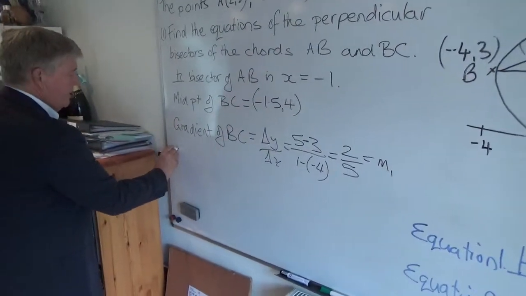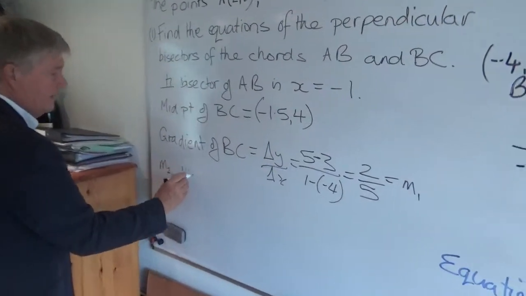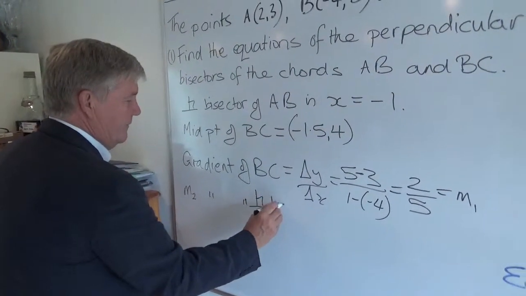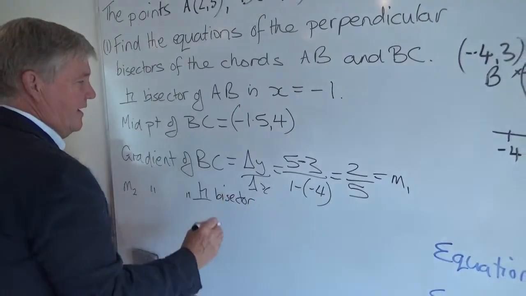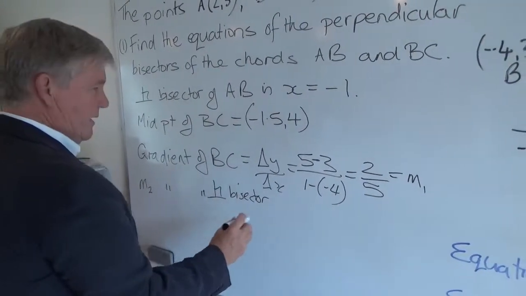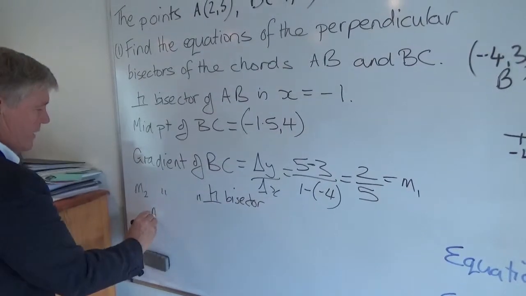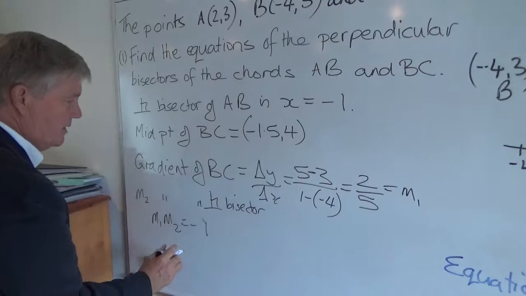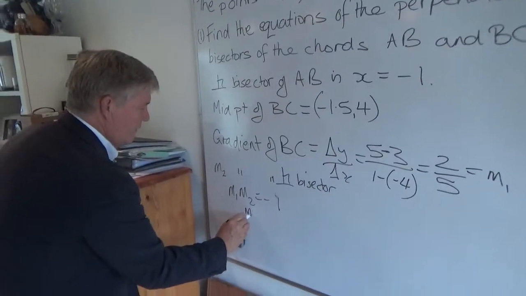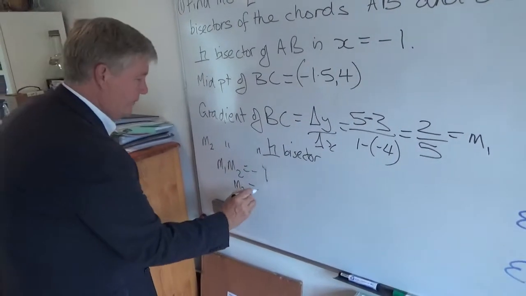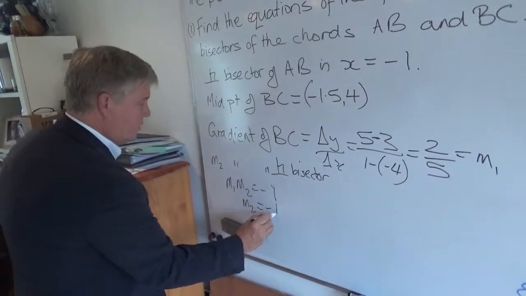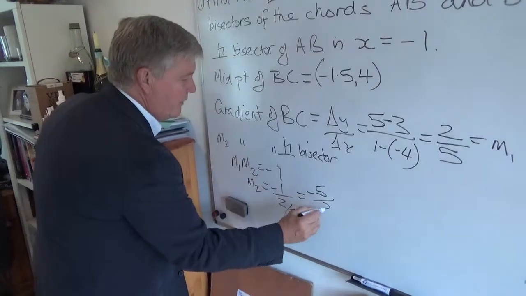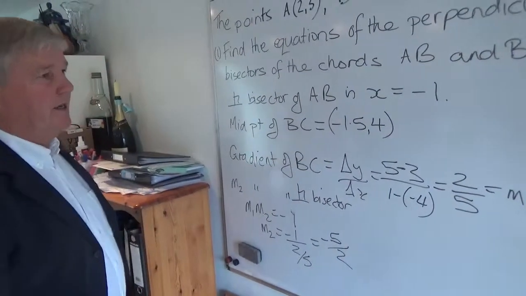I want m2, the gradient of the perpendicular bisector, and we know that m1 m2 equals -1, so m2 will equal -1 over 2/5, which equals -5 over 2.